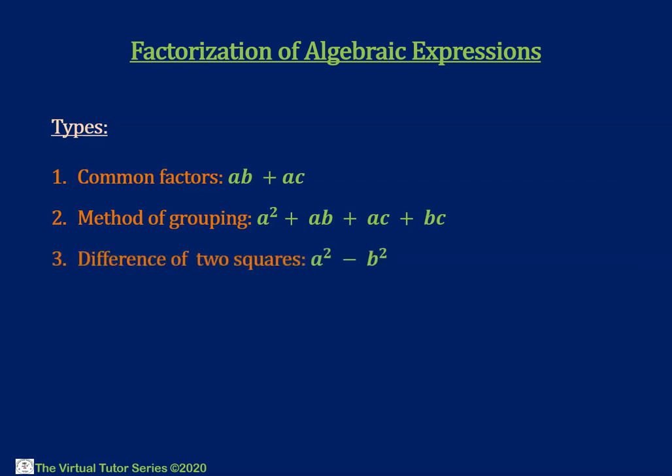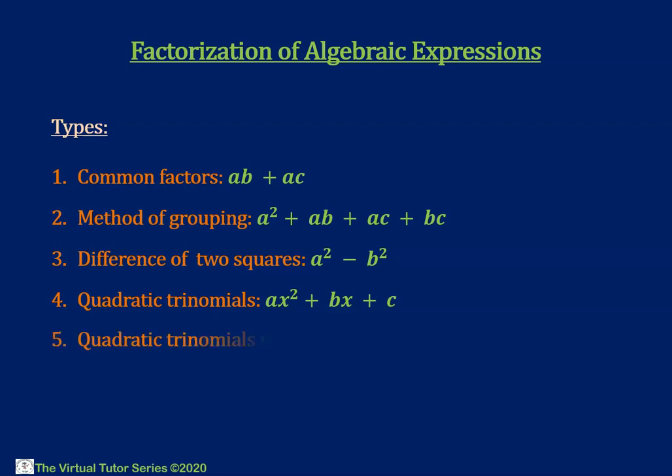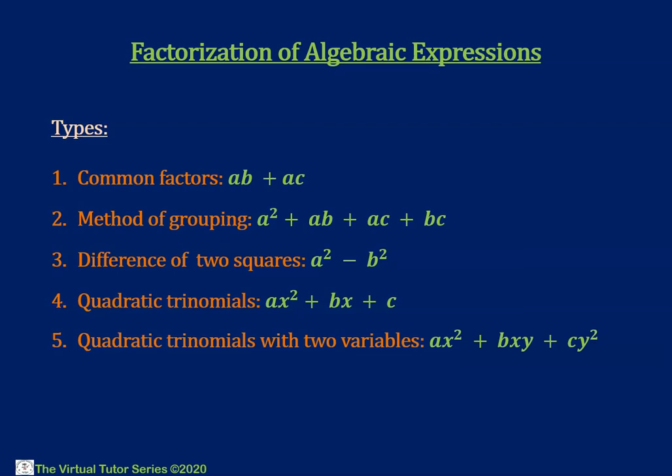Difference of two squares. Number 4. Quadratic trinomials. And number 5. Quadratic trinomials with two variables. Now, let's see how each expression type can be factorized.